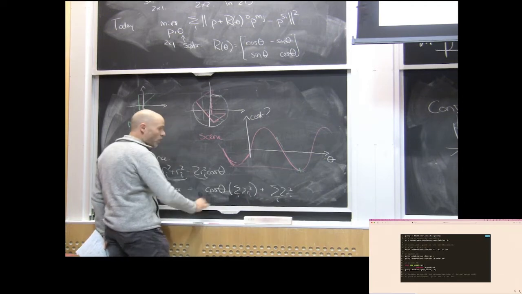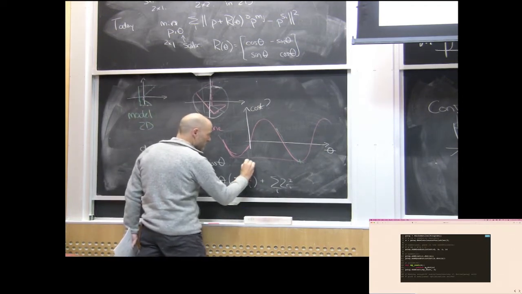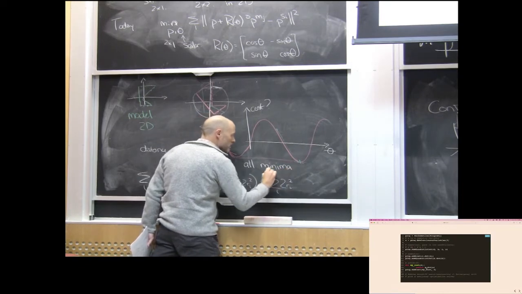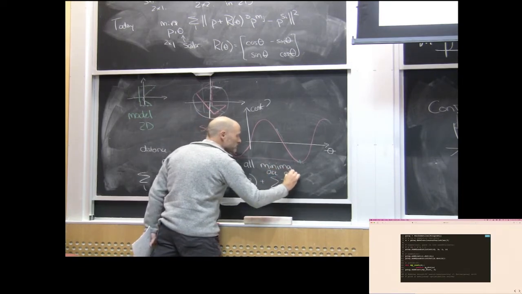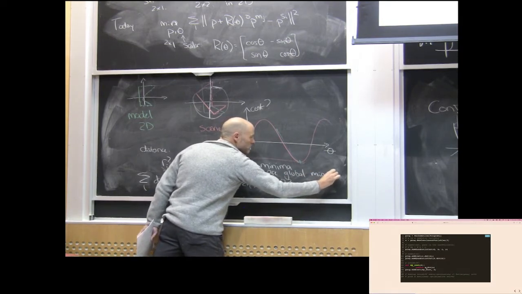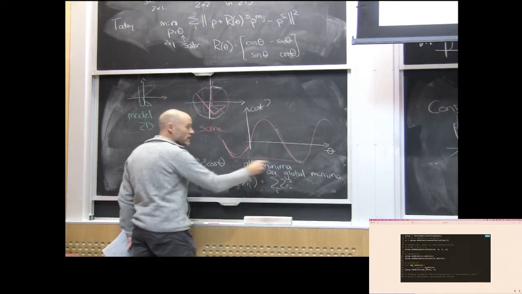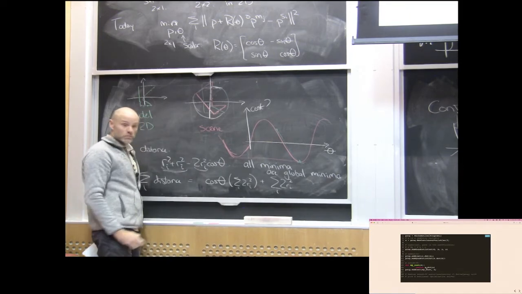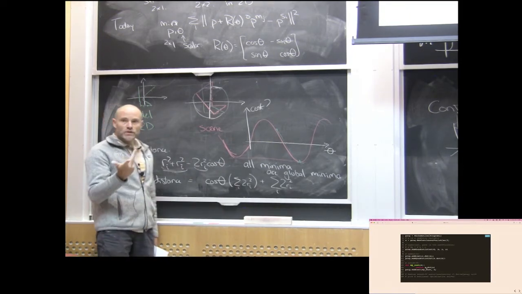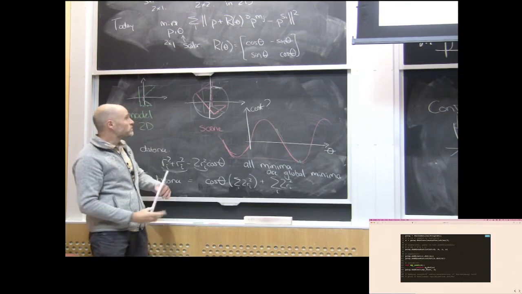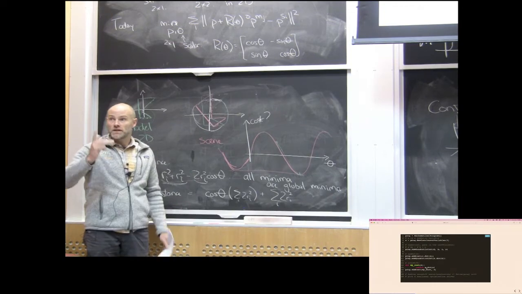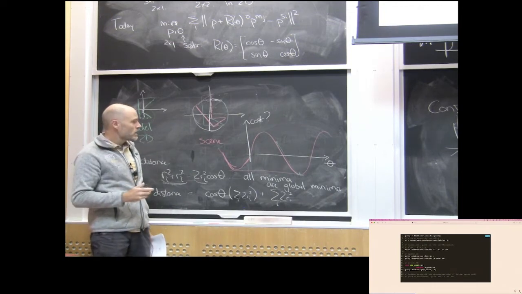So all minima are global minima. So they achieve the same cost. So it's sort of not crazy if you're trying to parameterize 2D estimation problems in terms of theta.